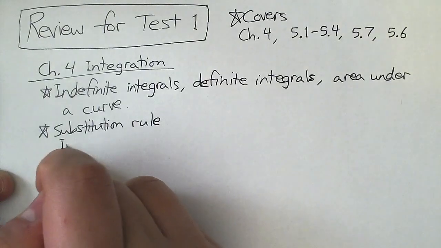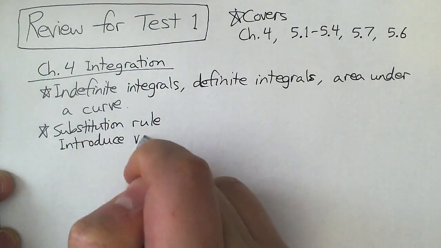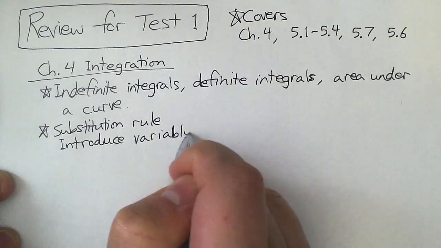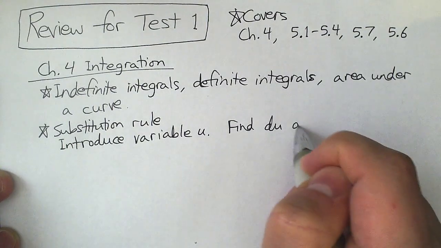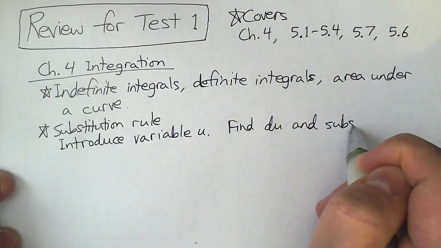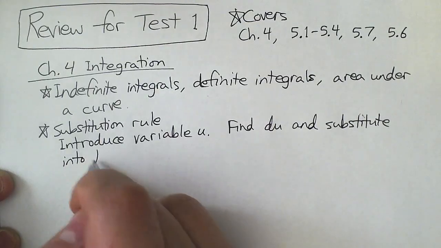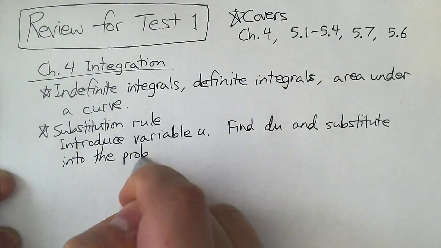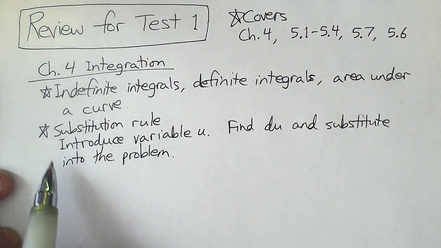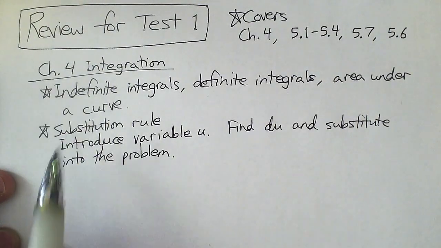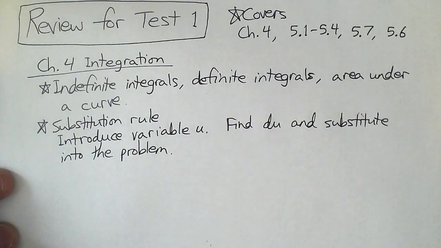And I'll write a sentence or two, but you know how to do this: you introduce the variable u, and then you find du and substitute into the problem. So I could ask you some integrals that are just normal integrals like this, or they could come up in later sections also, right?